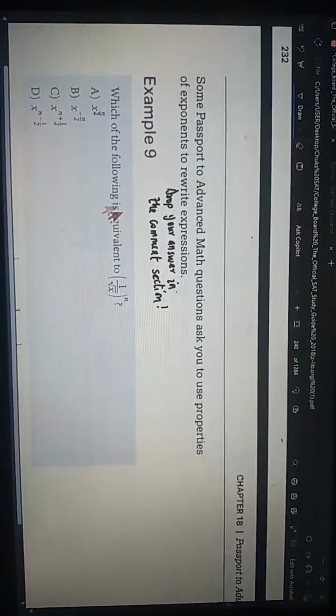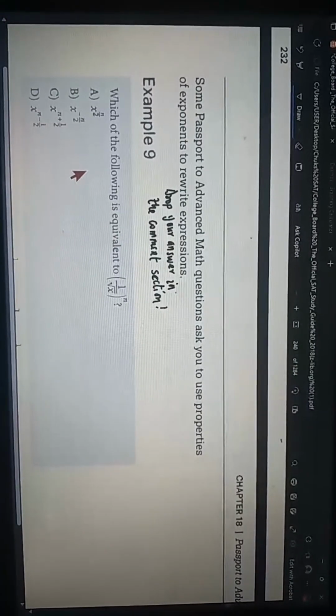Drop your answer in the comment section. Tell me what your answer is for example 9. This one is quite easy. This is just an exponential problem. So go ahead and drop your answer in the comment section.